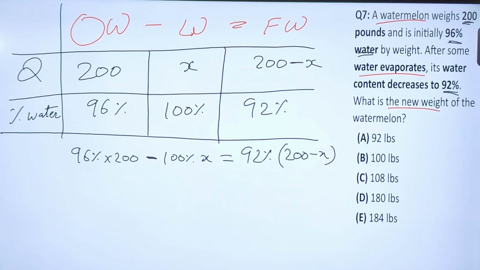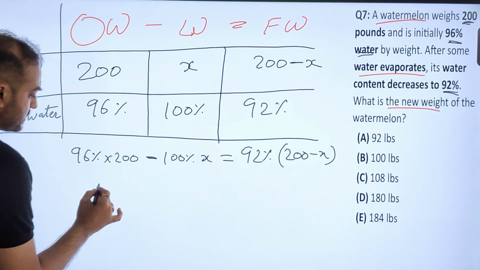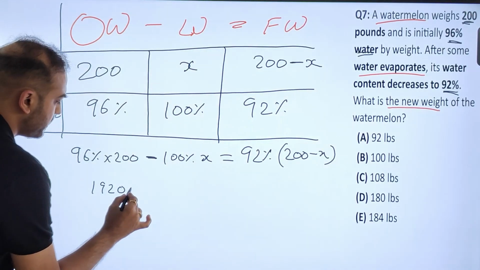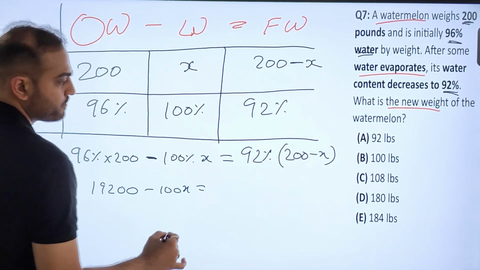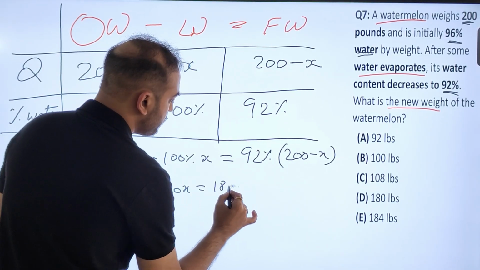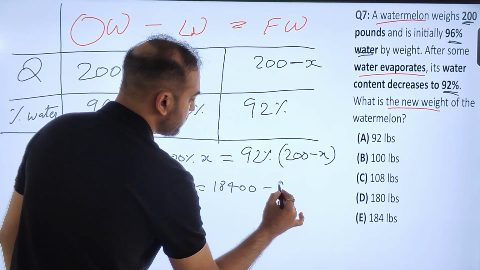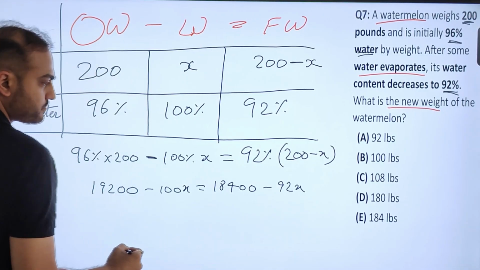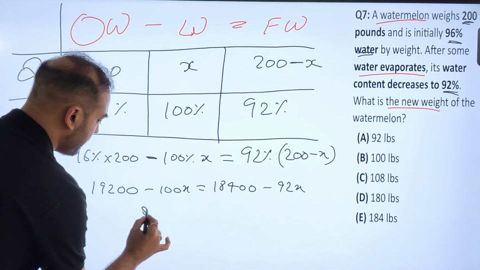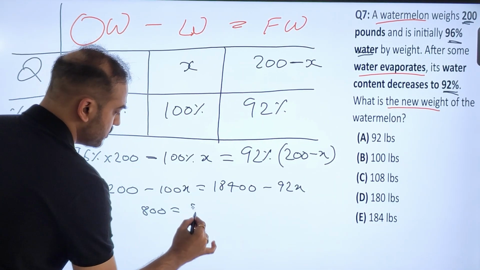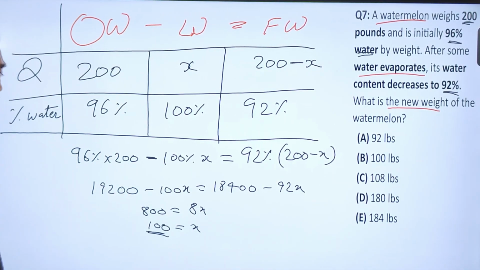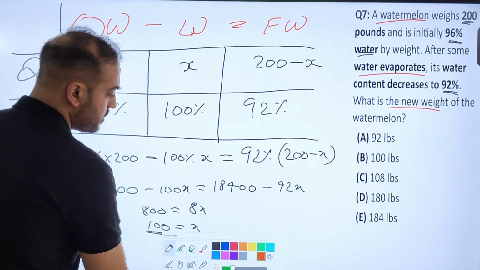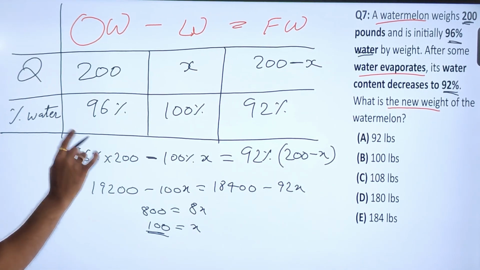Again the percentage cancels out, that's 96 times 200, that's 19200, minus 100x is equal to 18400 minus 92x. 800 is equal to 8x, x is equal to 100. Okay, that means 100 liters of water was evaporated.